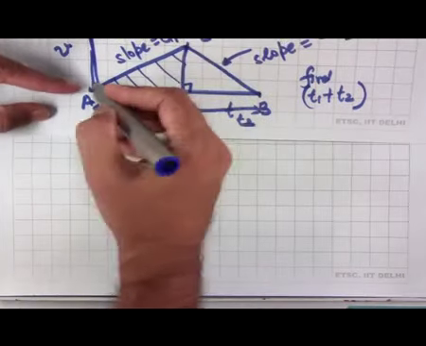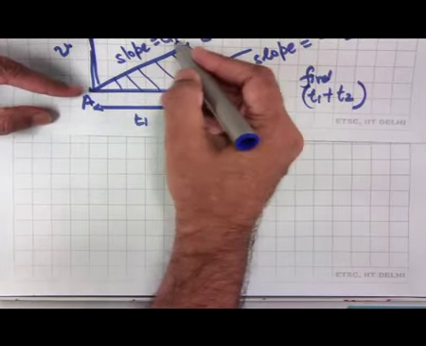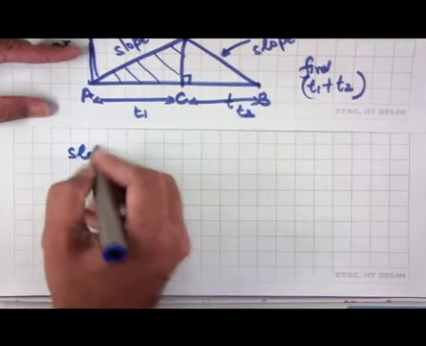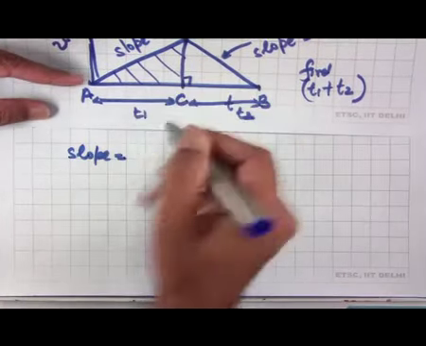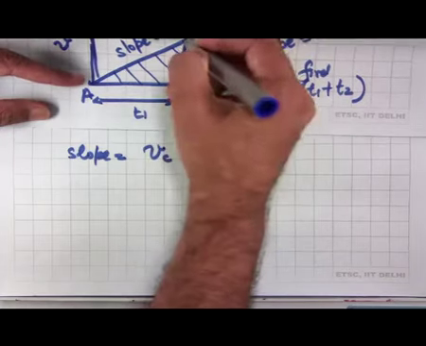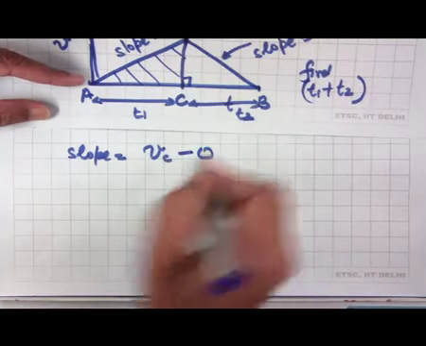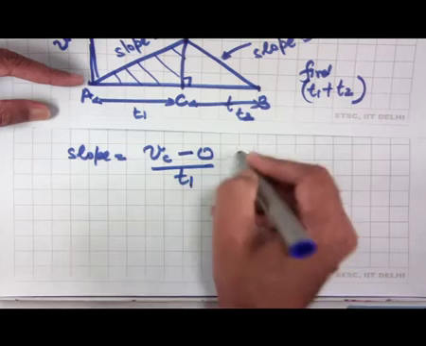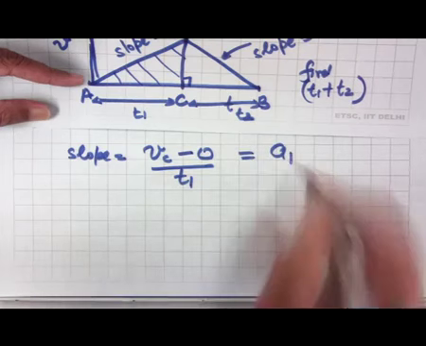The slope of the line here is a1. Now, the slope of the line will be given by the velocity at point C, Vc minus 0, divided by T1, and this is equal to a1.